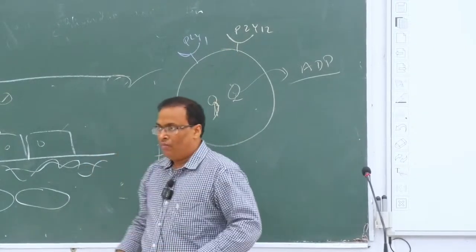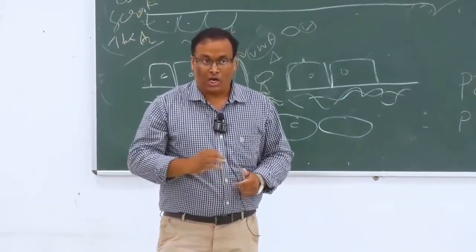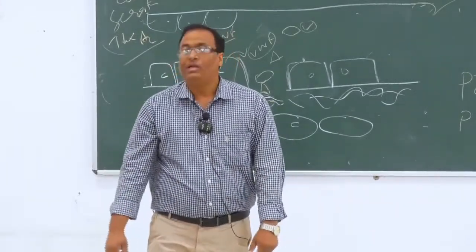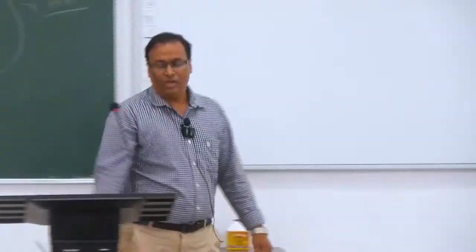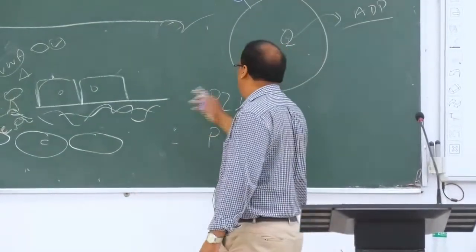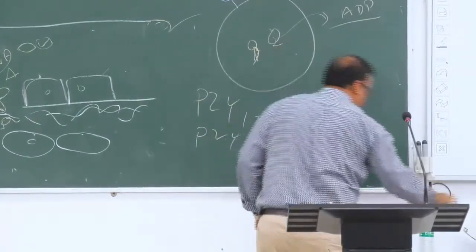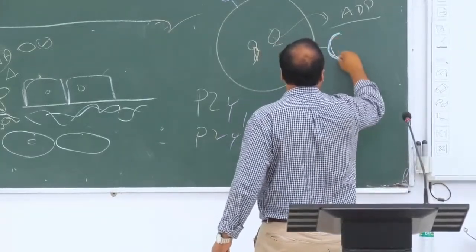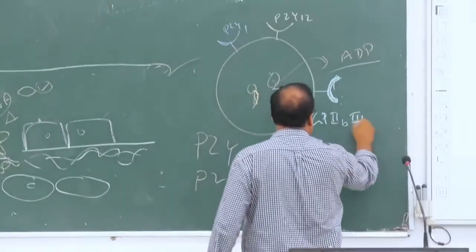Now for platelet aggregation we need the activation, conformational change or expression of 2B3A, integrin alpha 2b beta 3. Okay, to make it simple, this receptor is GP2B and 3A.